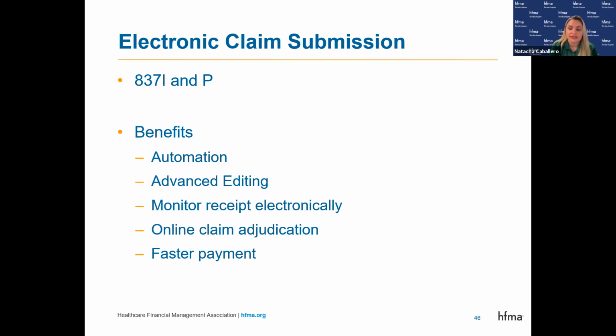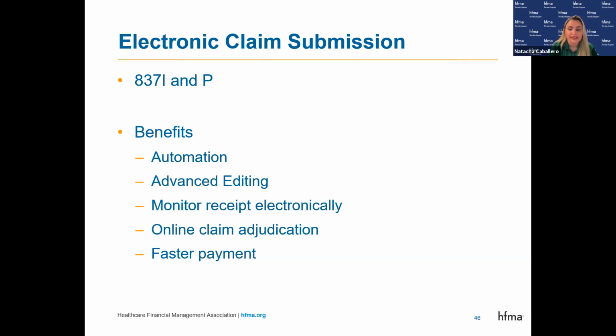Using the standardized EDI format, both hospital and professional claims can be sent electronically and will include all of the same data elements as the paper UB04 and the CMS 1500. The electronic data set also includes more information than is represented on the paper form and is organized in groups called loops and segments.